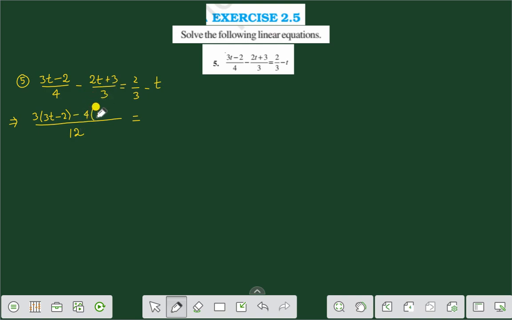It is 4 into 2t plus 3. If we take the LCM as 3, then it will be 2 minus 3t, right? Or here you will get 12.